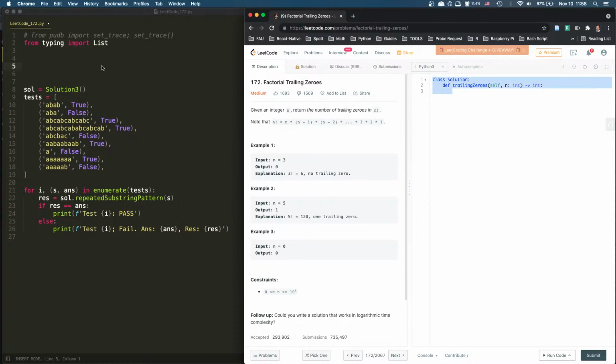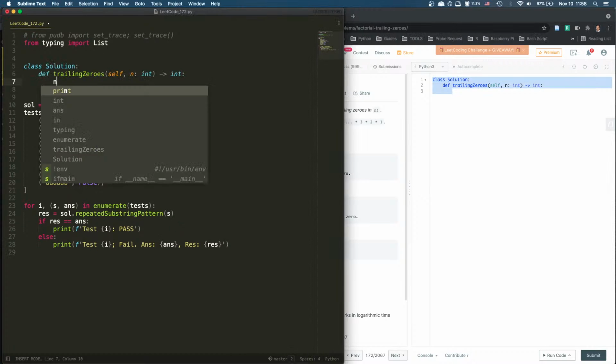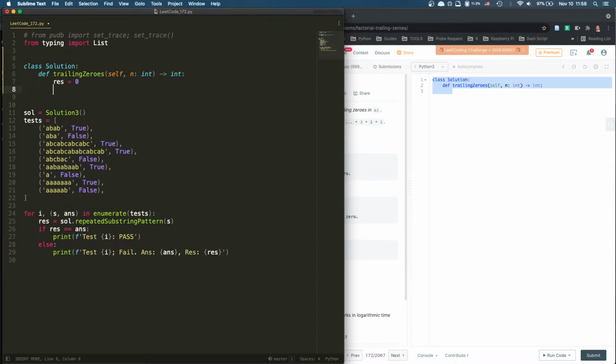Trailing zeros. So we're going to count the number of 5s. We say res equals 0, and then p equals 1.